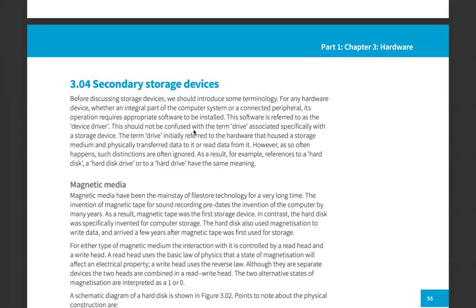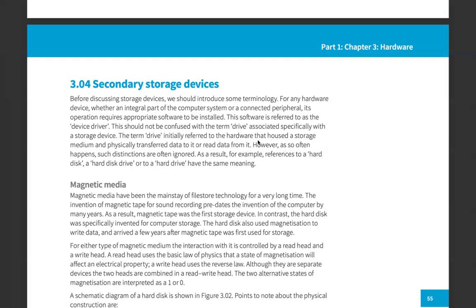This should not be confused with the term drive associated specially with a storage device. So the term drive initially referred to the hardware that housed a storage medium and physically transferred data to it or read data from it.